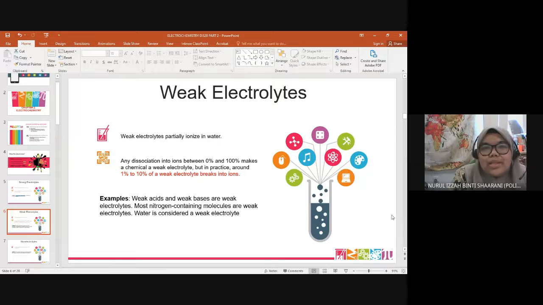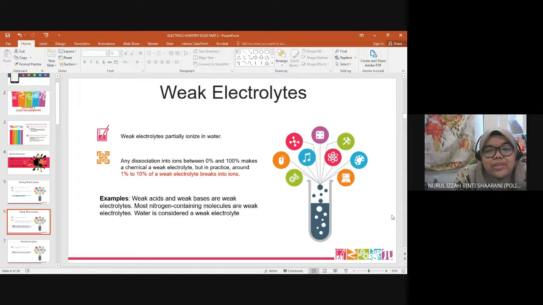For example, for the weak acid, the dissociation is so small, so partial saja ataupun sangat sikit. That's why when we were doing the calculation previously in acid and base, kita boleh just omit or just abaikan.